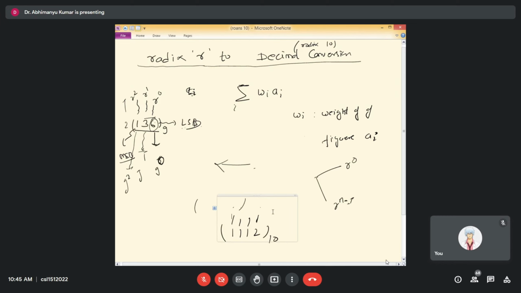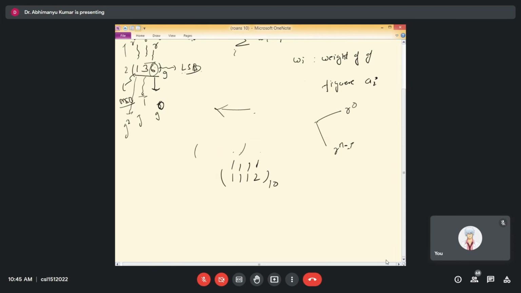So now we are converting a quantity which is represented in the radix r system to the decimal system. So we have this formula, this mechanism, right? Now we use the same quantity 136, and we assume that this quantity is in radix 9.